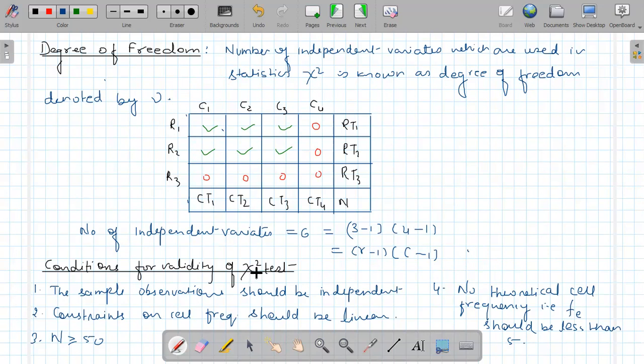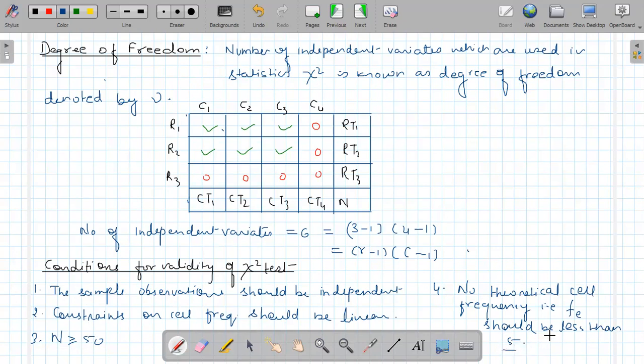We take the following conditions before applying the chi-square test: the sample observations should be independent, constraints on cell frequencies should be linear, and no theoretical cell frequency, that is Fe, should be less than 5.